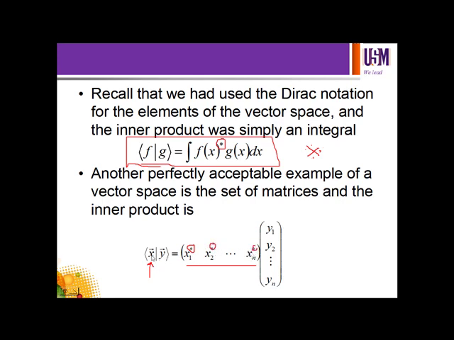And the bra is usually, for example in this case, a 1 by n matrix, that means one row and n columns, while here is an n by 1 matrix.